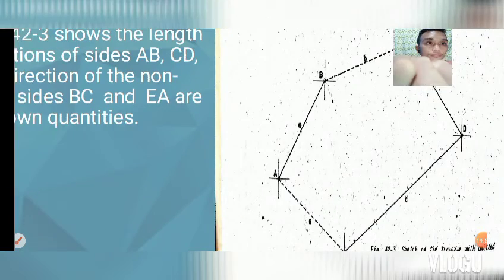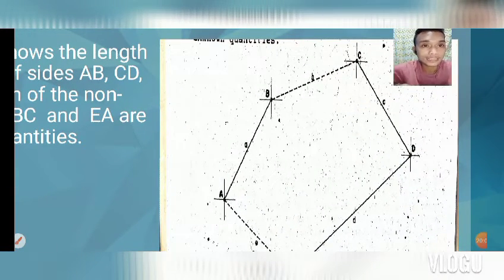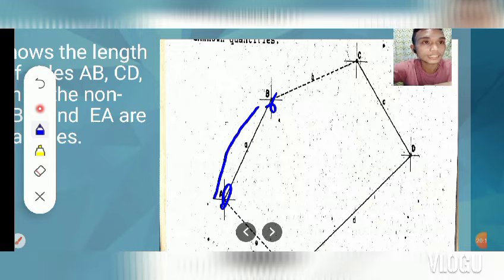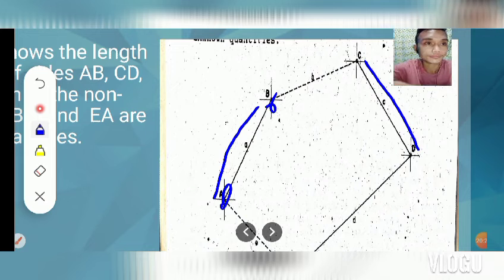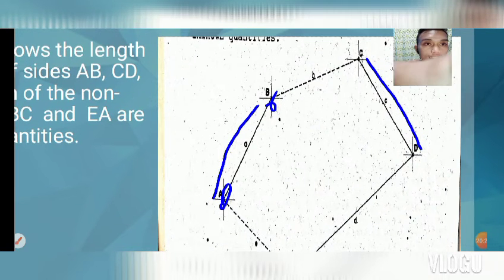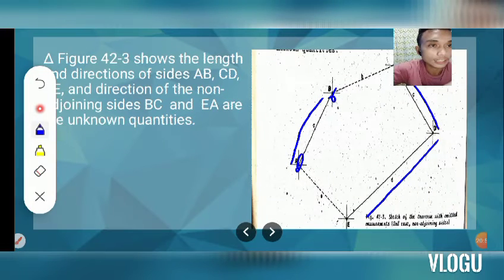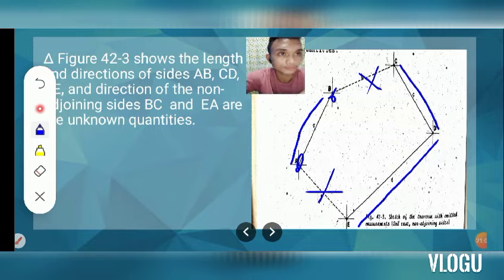So here, the unknown quantities are lines AB, CD, and DE. Our unknowns here are line AE and line BC, which represent our dash lines. So these are the sides that are missing.